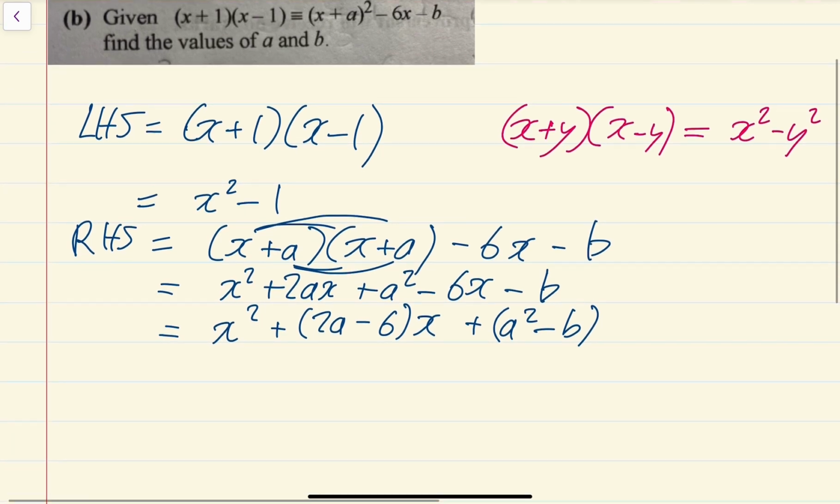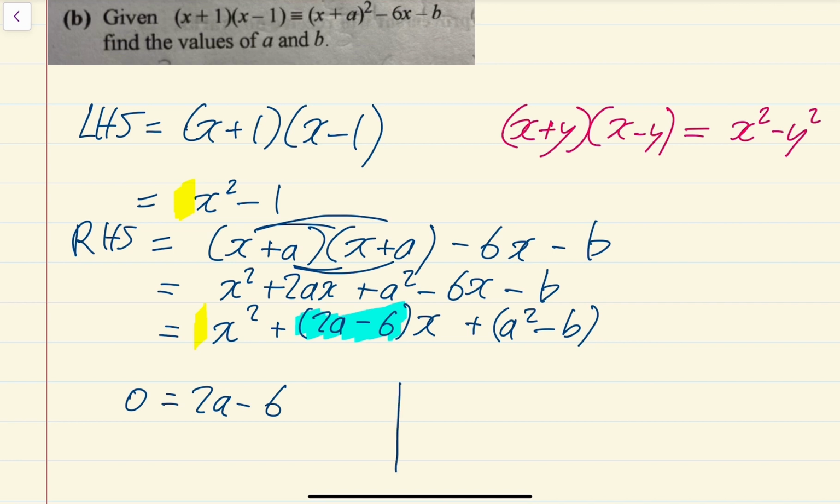Now, my x squared bit, let's just do it out for the sake of it. I've got 1x squared on the left, and look, I've got 1x squared on the right. My x bit, on the right, I've got 2a minus 6 x, and on the left, I haven't got any x's. So really, you've got 0 equals 2a minus 6.